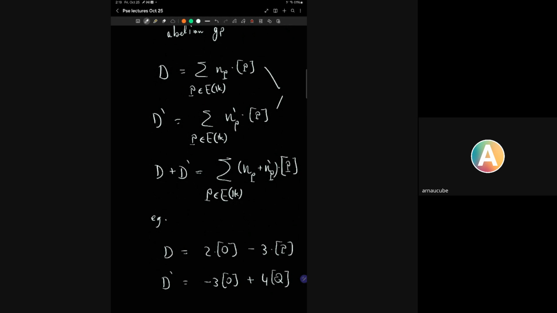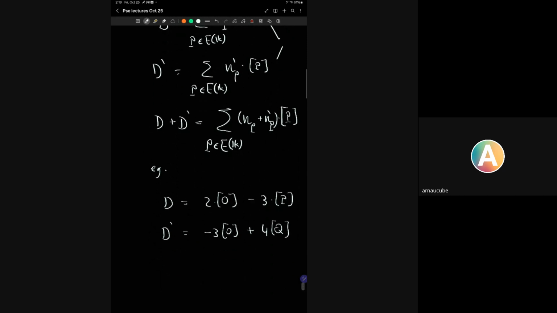Just formal sums where each of them has only finitely many non-zero terms. And if you want to add them together, well, you know what to do. You get D plus D prime is minus O minus 3P plus 4Q.